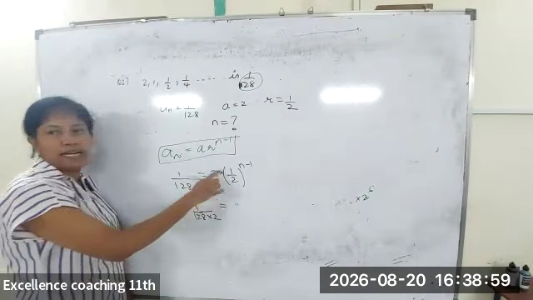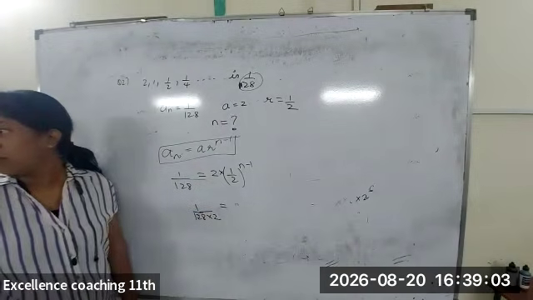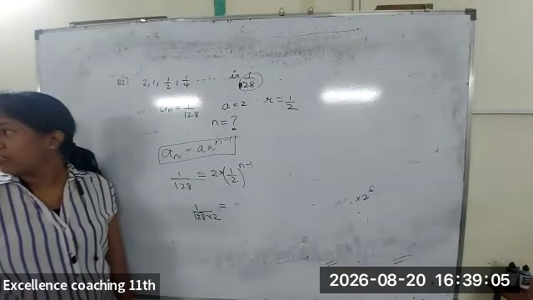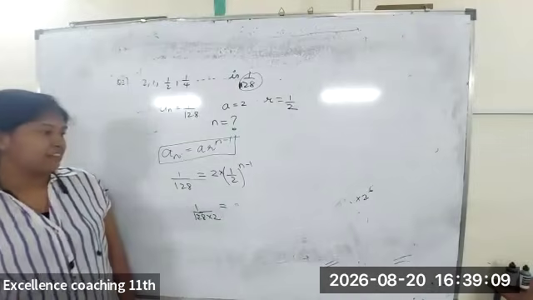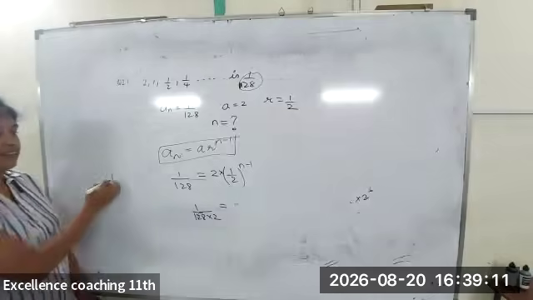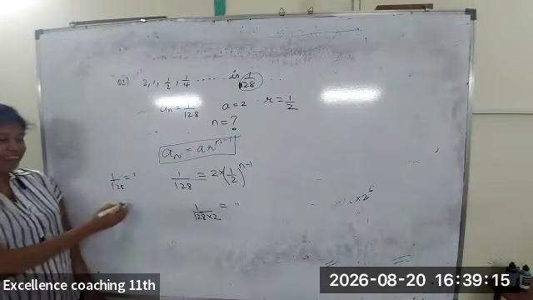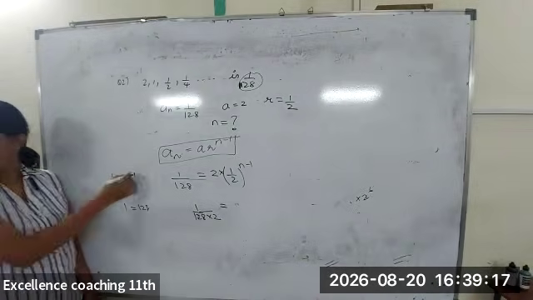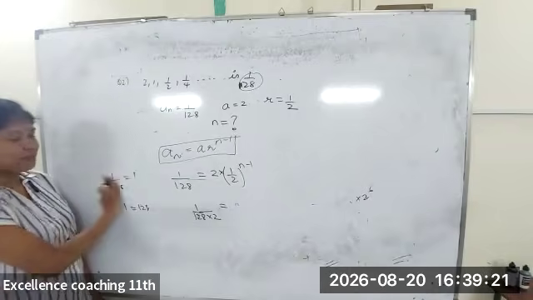A also we can cancel directly. And the power is there. And 128 is equal to 1 to the power... Both can be equal.